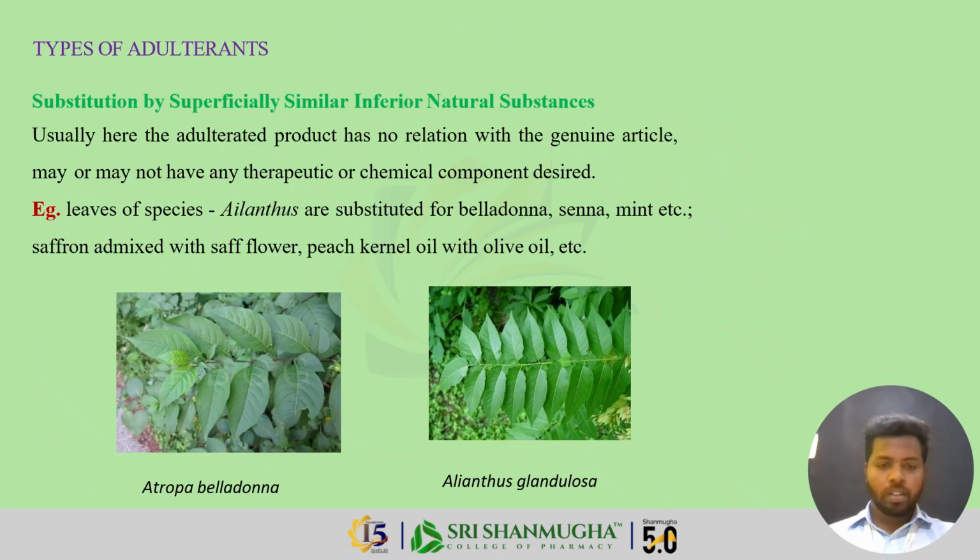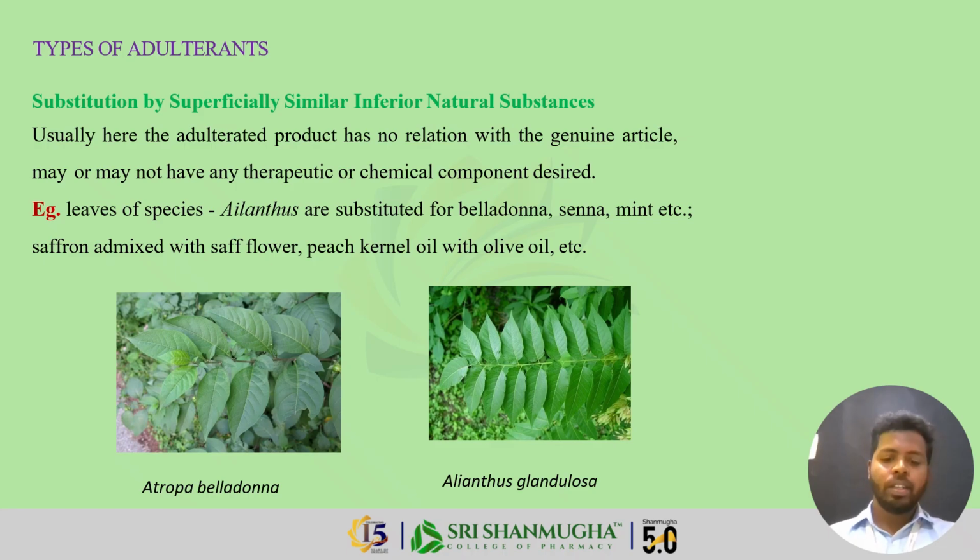Okay, so next is type 4 of adulterant: substitution by superficially similar inferior natural substances. The adulterant is a natural substance, but it has no relation to the genuine drug.